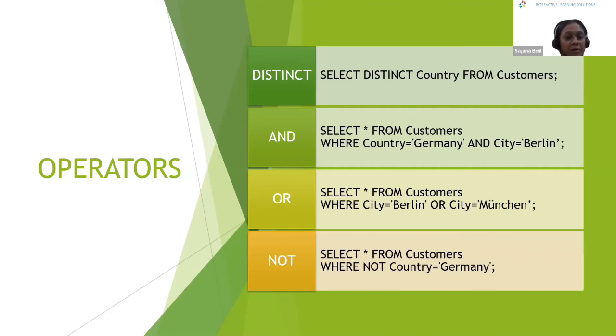In a similar way you can use the not clause, where you want to filter out people belonging to a particular country. You say that I don't want to see customers whose country is Germany. Where country is Germany, don't show me that, show me the rest of the countries.